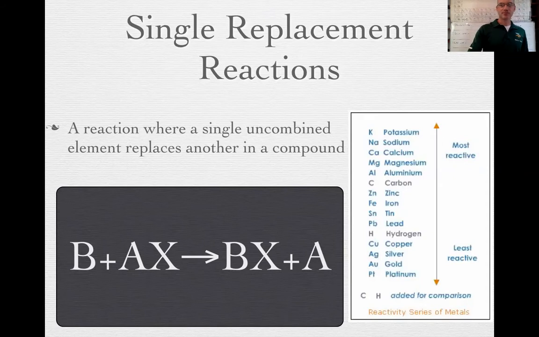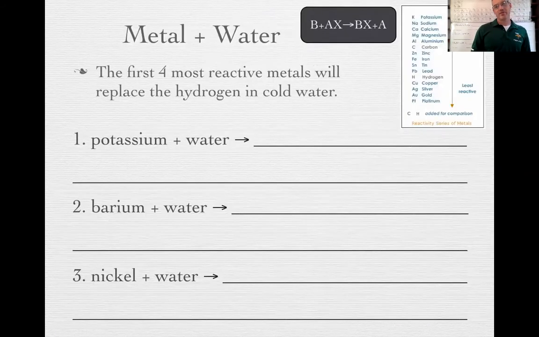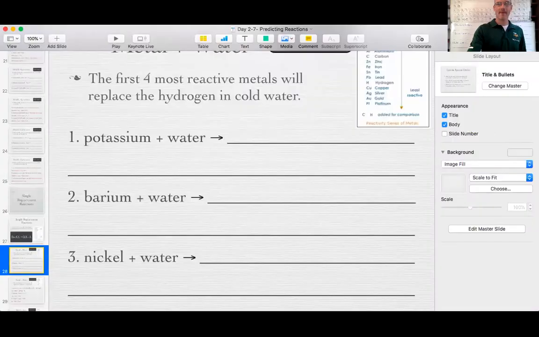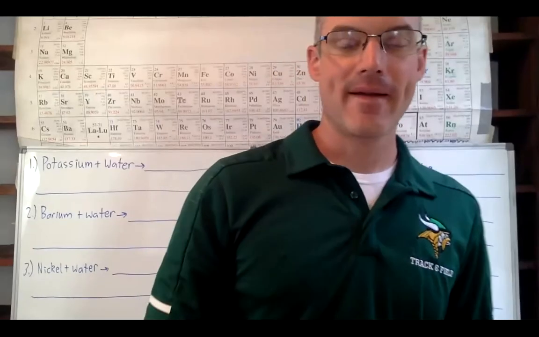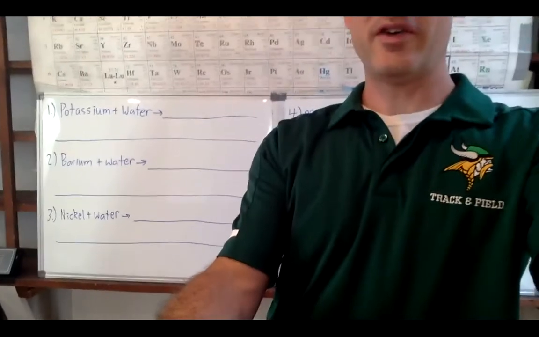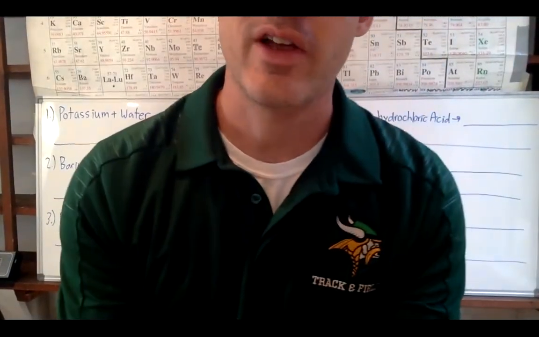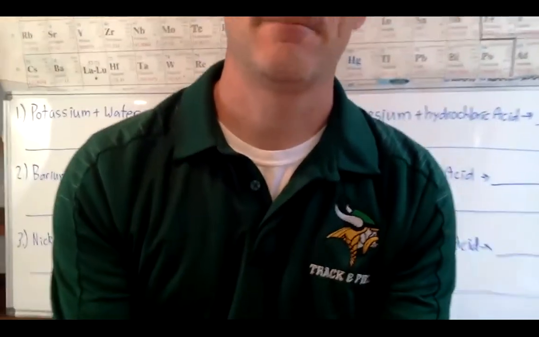So, all right, let's look at some examples. I have these on the board, and we'll take a closer look at them. All right, first of all, we have potassium reacting with water.